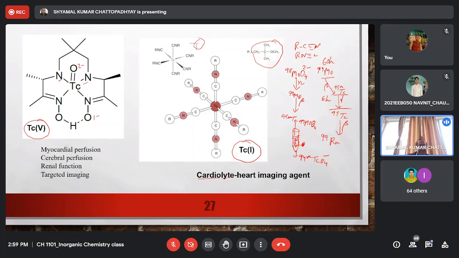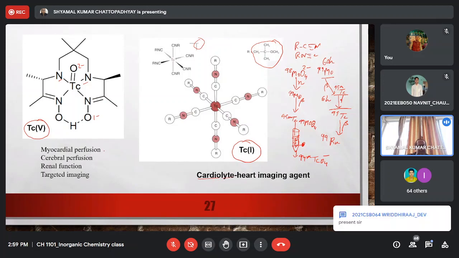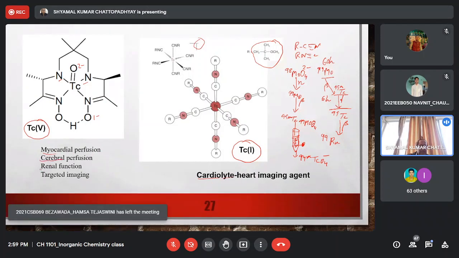And whereas technetium 1 complexes are specific for heart imaging, this technetium 5 complex can be used for heart imaging as well as cerebral imaging as well as renal imaging, right? So this has got multiple applications.